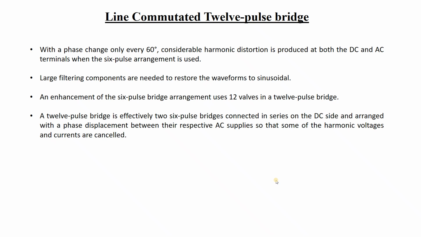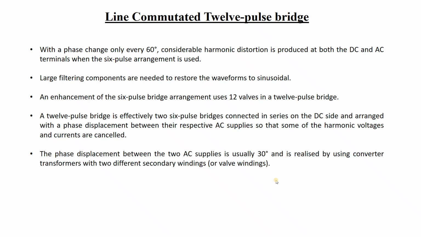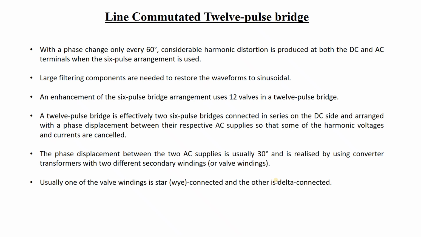If two 6 pulse converters are connected in series, the harmonics get cancelled, so it is more effective for the inverter station rather than the rectifier station. The phase displacement between the two AC supplies is usually 30 degrees. Previously for 6 pulse, every pulse had an angle of 60 degrees. Now in this case the angle is 30 degrees.